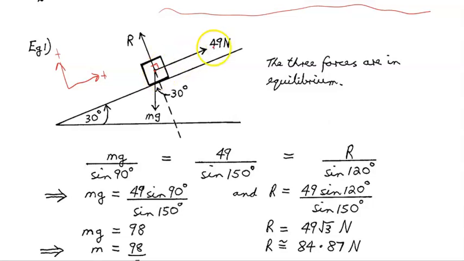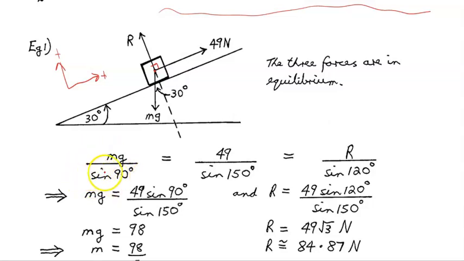Next one, this 49. Well, what's the angle here? That's 90 subtract 30, so it's 150. My apologies, 180 subtract 30, which is 150 degrees. So you've now got 49 over sine 150 degrees. And then finally, you've got r over this here, which is 90 plus 30 to give you 120. So r over sine 120. So take your pick which ones you're going to use.